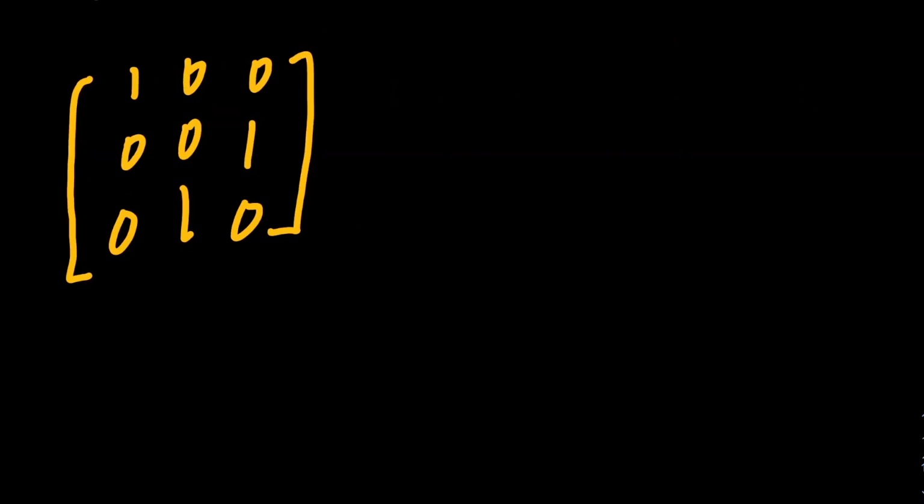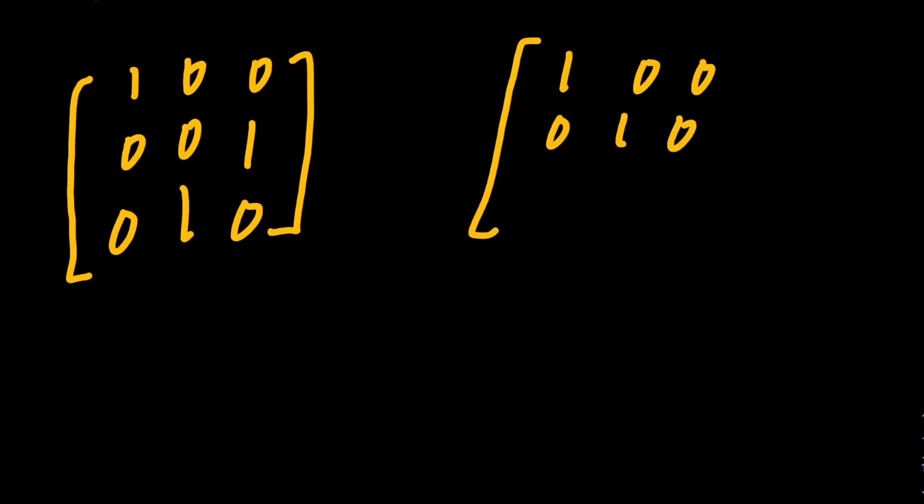Now, what about this matrix? Well, let's draw an identity matrix for reference and see if we can connect the two. It looks like both matrices have 1s and 0s. They're both squares. That's pretty good so far.